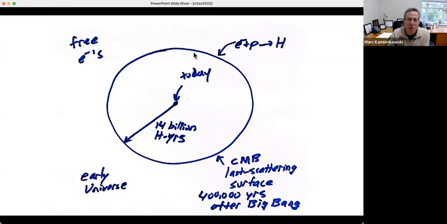And we are taking a snapshot of the universe shortly after electrons and protons combined to form hydrogen atoms, after which photons were able to stream freely towards us. So we see a snapshot of a spherical surface in the universe 400,000 years after the Big Bang.